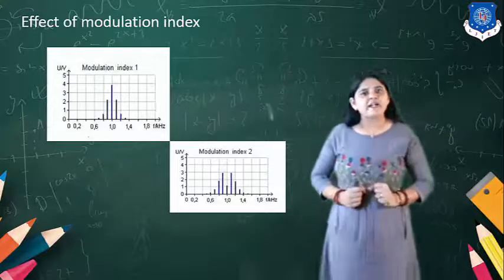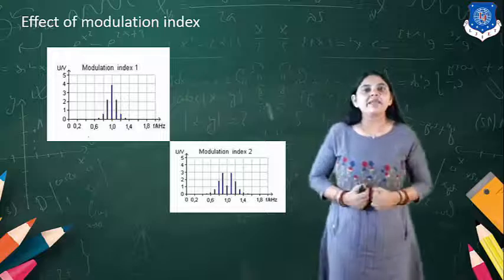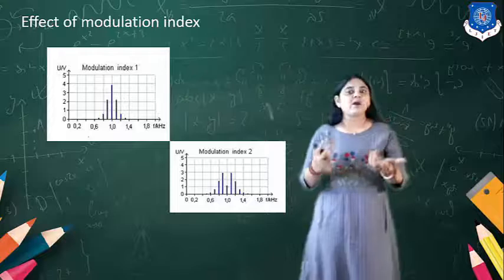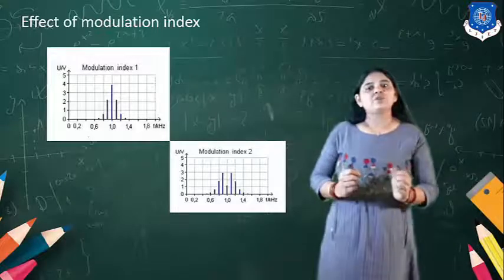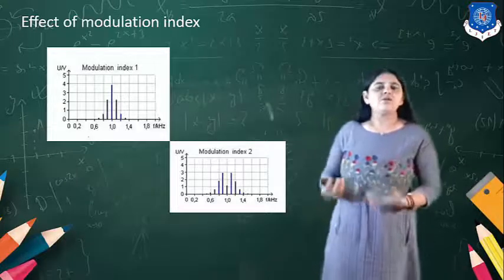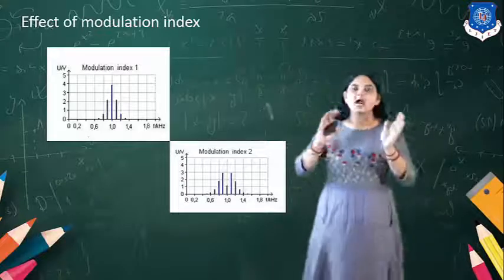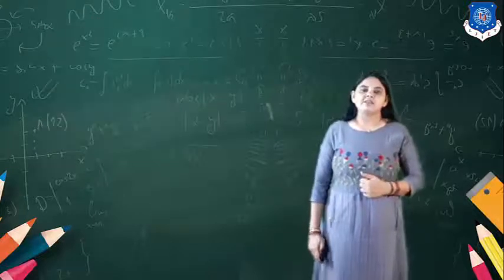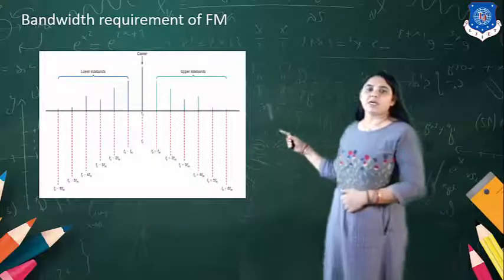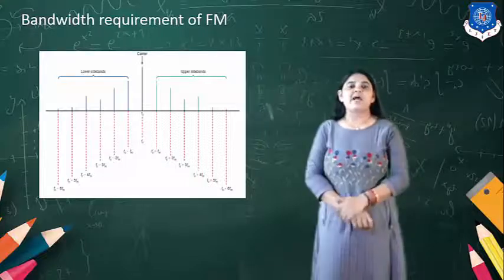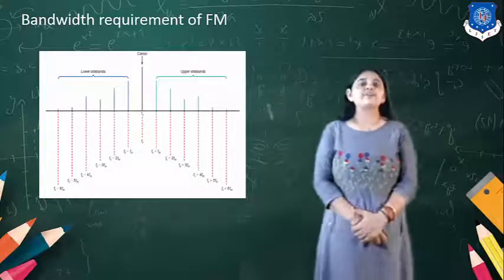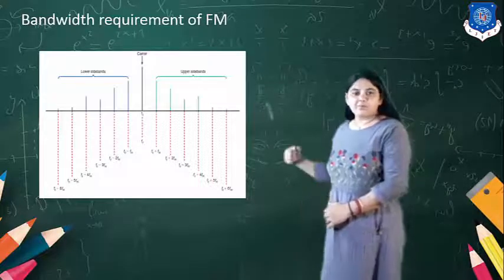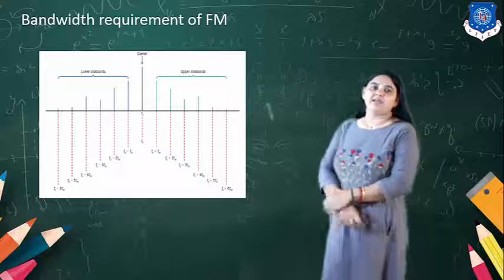As the number of sidebands increases, we get an idea about the bandwidth requirement. While transmitting all these signals, some space is required, so as the number of bands grows, the requirement of bandwidth also increases. Here is the frequency spectrum of the FM wave, which consists of a number of sidebands and the carrier.